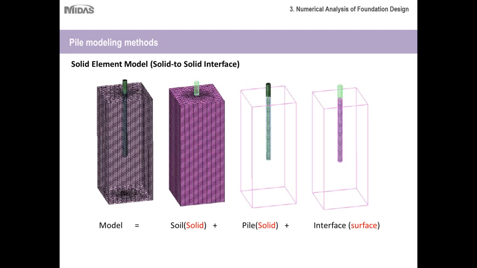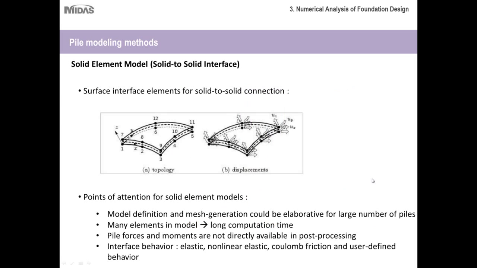So here you can see, as the name suggests, the solid element model. It is a model where the soil is modeled as solid elements and the pile member is also modeled as a solid element, and therefore there is an interface between two solid elements from soil and pile. This has to be a 2D interface because when two solids are touching each other they are sharing a face, so we have a surface as the interface.